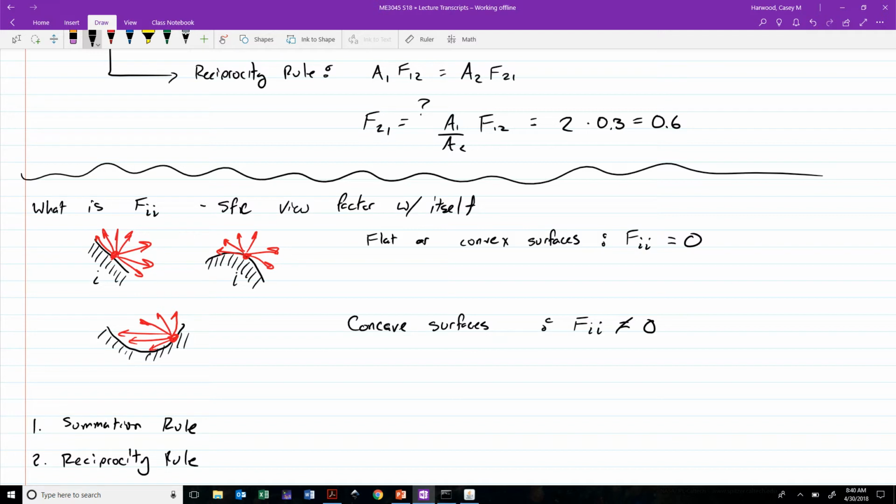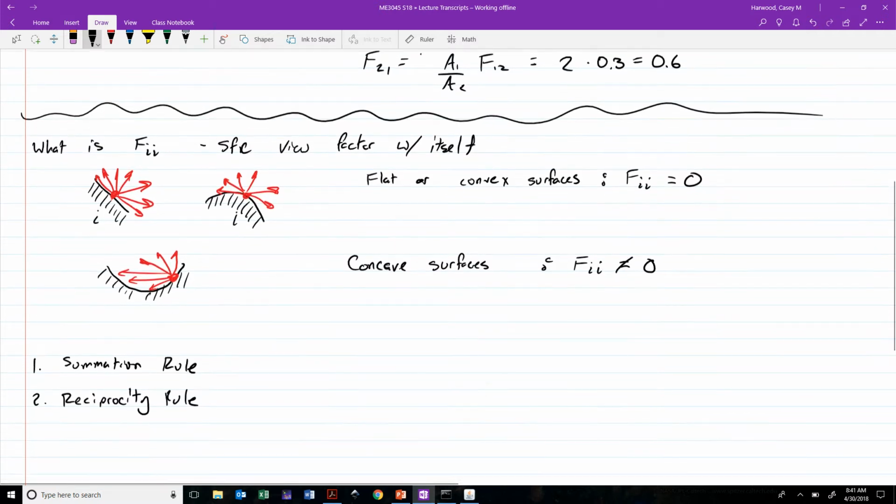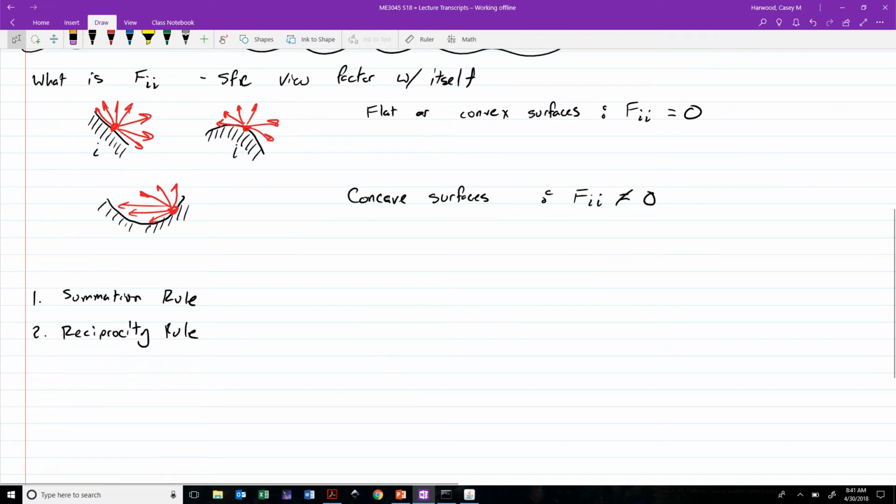The mnemonic here is that if the surface can, quote unquote, see itself, then you'll have a non-zero view factor, which jives with the name of a view factor. In this case, the surface can see itself. If radiated energy travels in a line of sight, then some of its own radiated energy will come back and hit it. All right, so with that out of the way, let's resume.